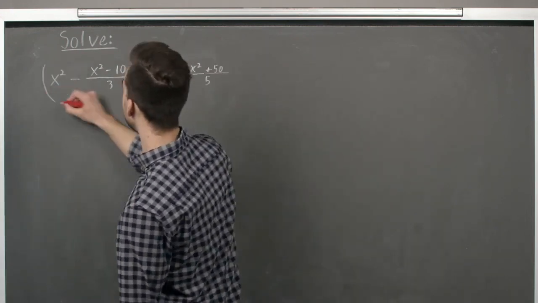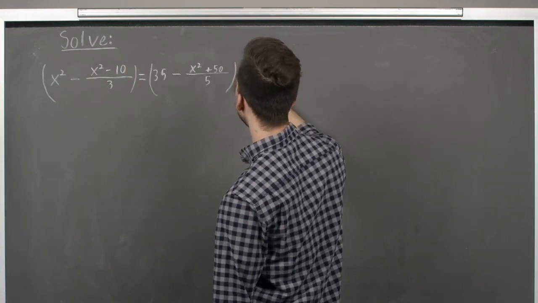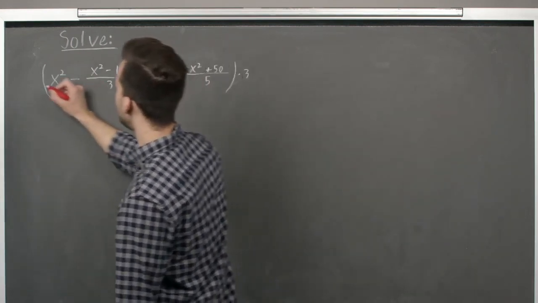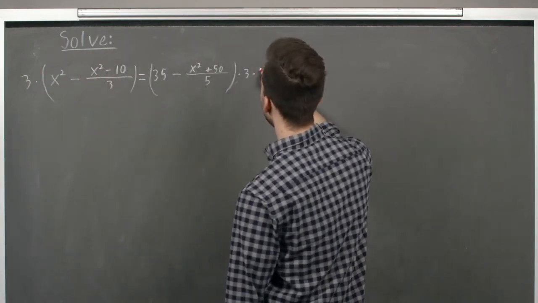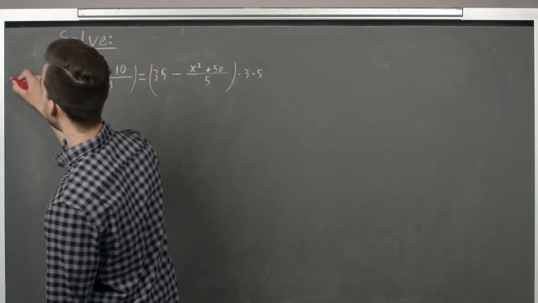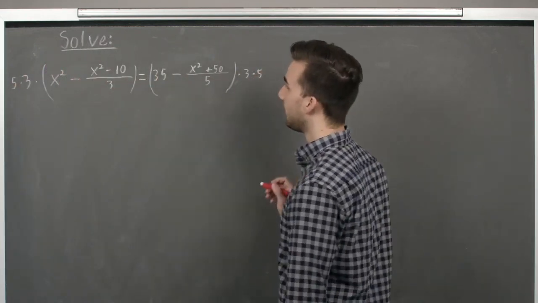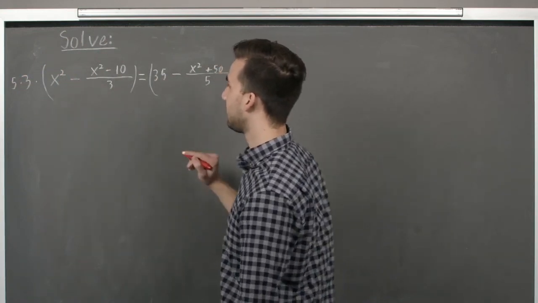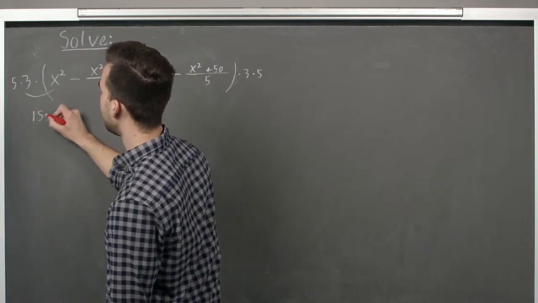So let me just show you this. Instead of going like this, I'm just going to multiply it by 5 also while we're at it to save me some room on the board. But 15 times x is 15x squared.